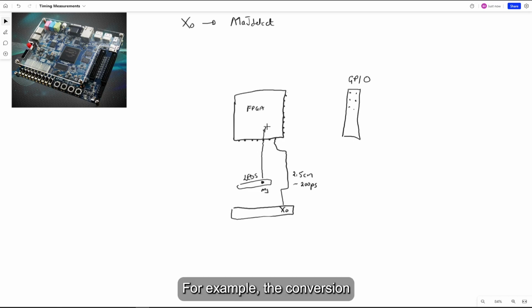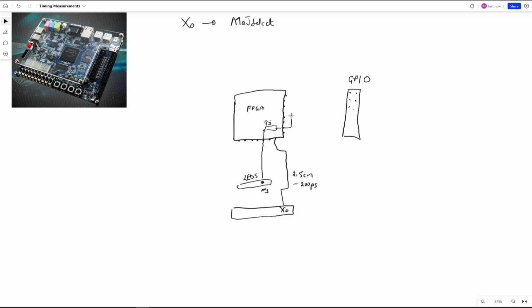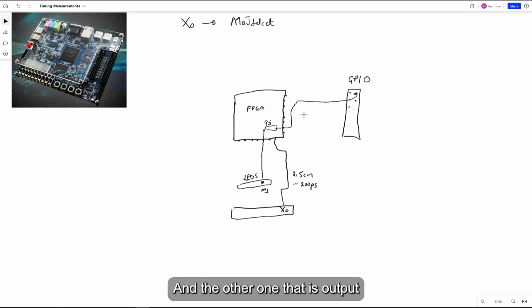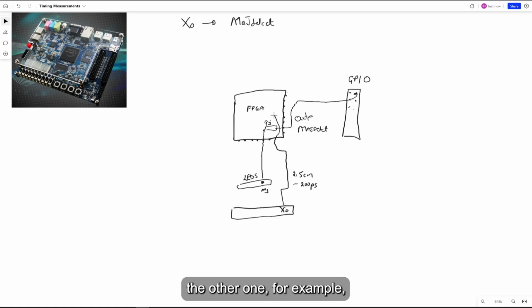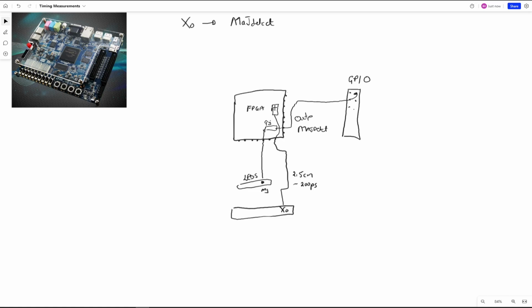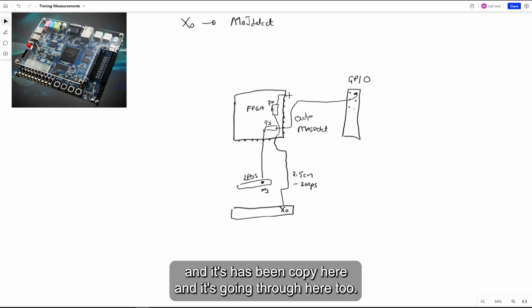So this will have its own delays inside here. For example, it takes some nanoseconds to convert this signal here to this pin here, and the other one, that is the output of the majority detector, let's say 7 nanoseconds here, and it's converting here, and it's going through here too.